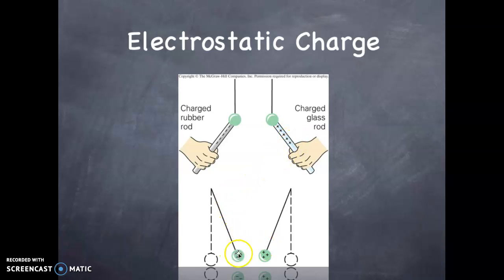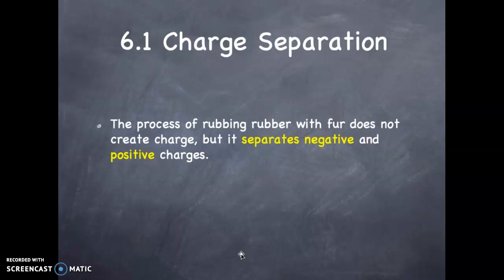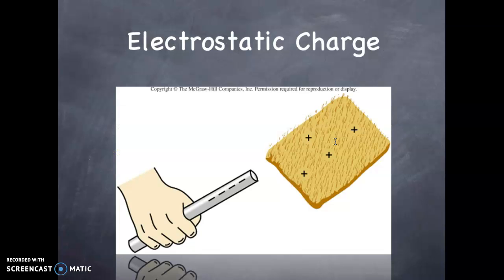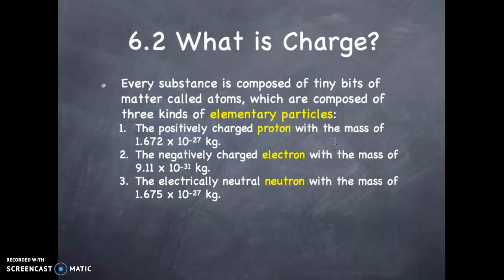Now the two balls will attract each other. The process of rubbing rubber with fur does not create charge, but it separates negative and positive charges, which effectively transfers negative charges to the rod. And this is an illustration of that.